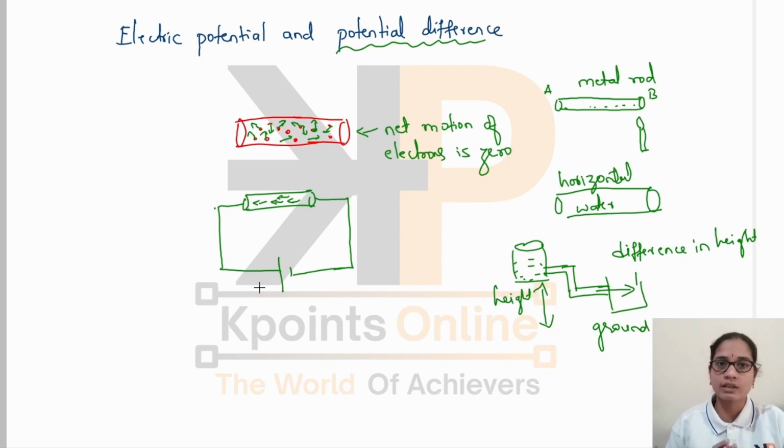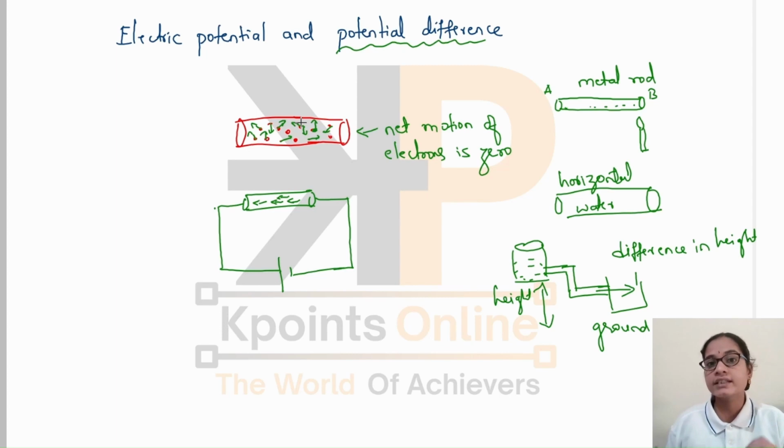It is doing work. The chemical energy which is stored in the cell is converted into electrical energy. And that work is done in order to set these charges in motion. Now the charges will start moving. Because of that, the current will flow through this circuit.